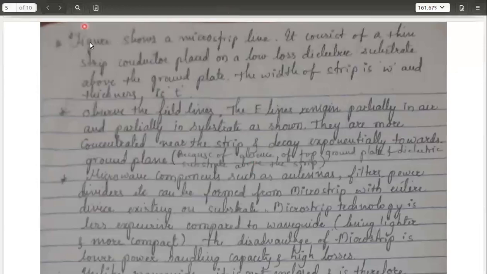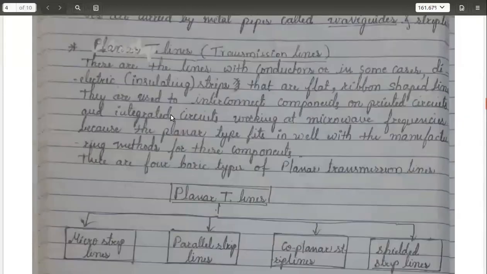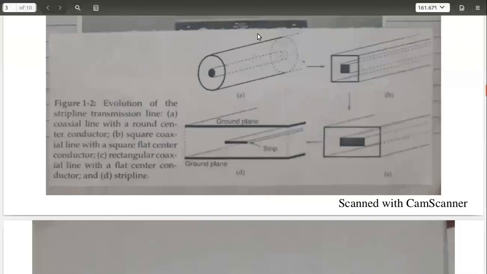For example, take this structure, where the strip is at the center. Here you can assume the distribution of the field will be uniform, because in the part below the strip also you have a plate, the ground plane and the substrate. Even above also you have a ground plane as well as the substrate.